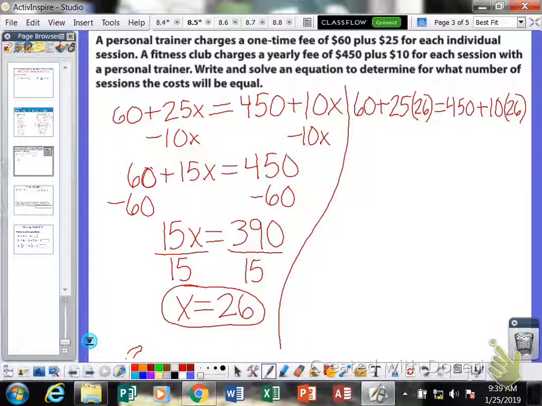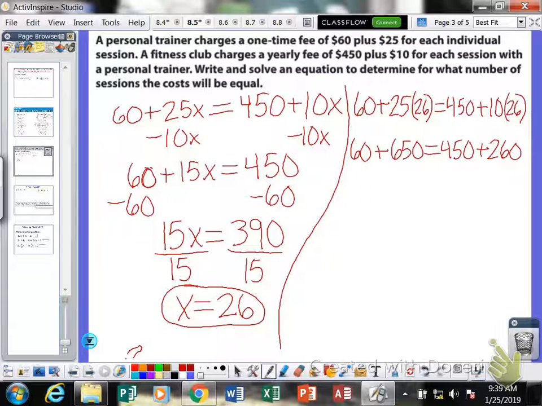So if we simplify this a little bit, we get 60 plus 25 times 26, and that is 650, equals 450 plus 10 times 26, which is 260.